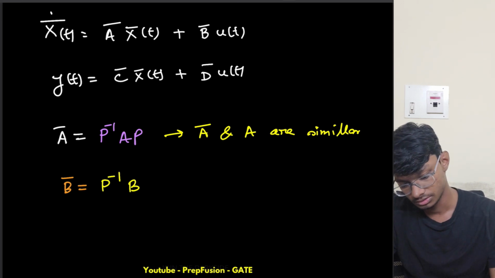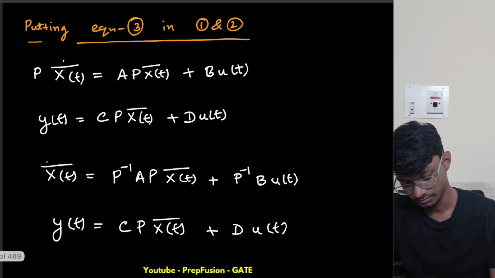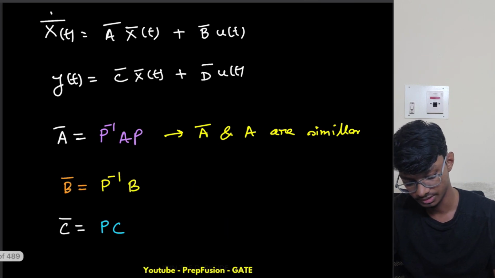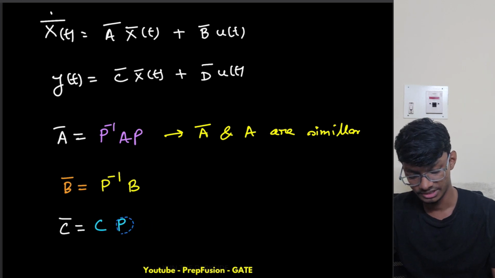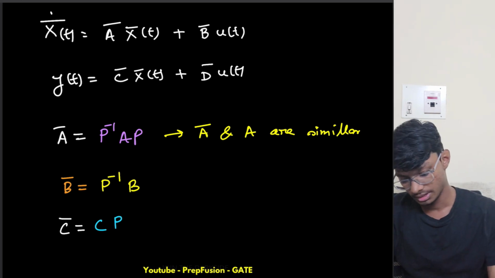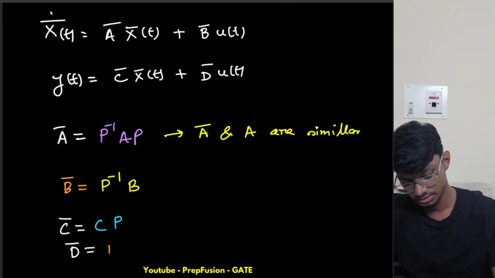Now what is C bar? It is post-multiplied, so C bar becomes C times P. So C changes to C P. And D bar remains the same.